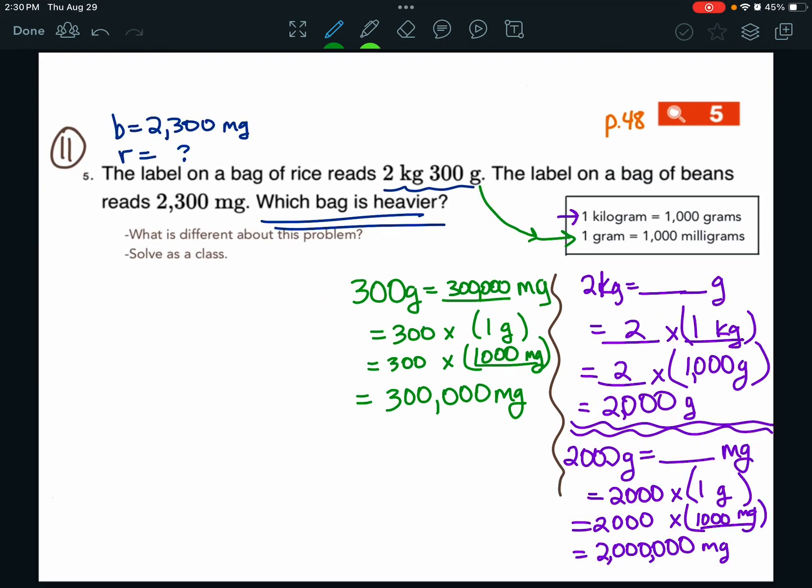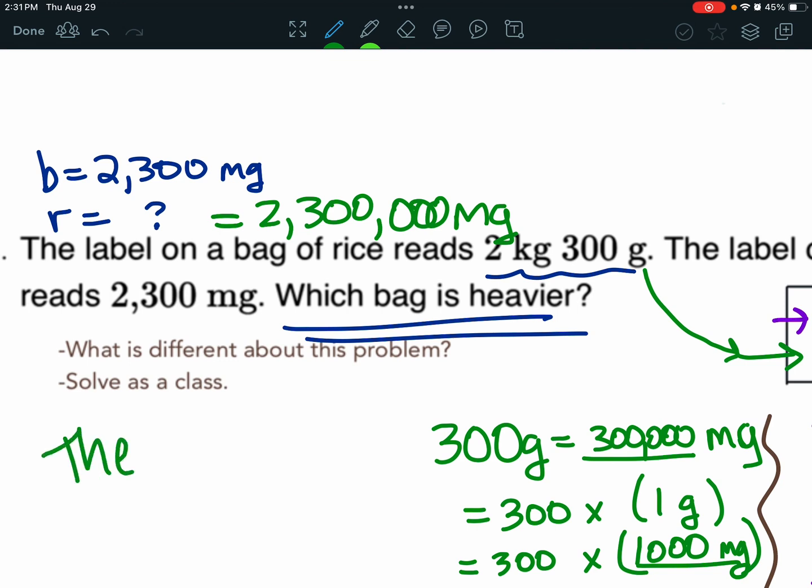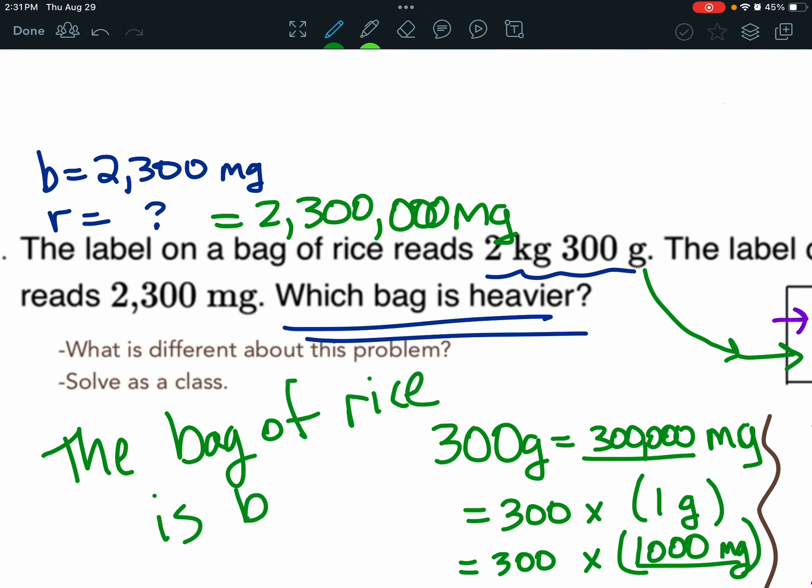So then we would have to add, so we could figure out how much total rice. So if we add this one and this one, there we go, we would get 2,300,000 milligrams of rice. So the rice, or the bag of rice, is bigger or weighs more.